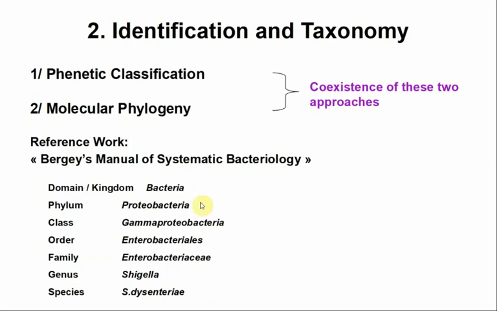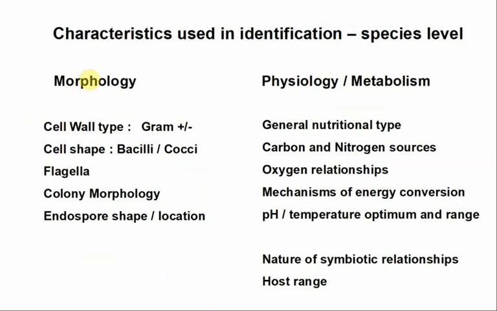Now, the kind of problem microbiologists had here is if you want to have lots of different types of classification, you need to have a lot of phenotypic characteristics in order to differentiate different species. So what kind of phenotypic characters can we use for bacteria? Well, the first one is just basic morphology, okay?